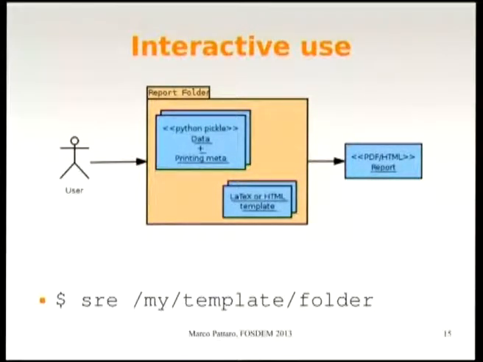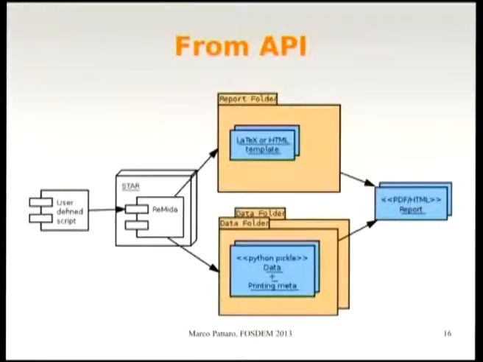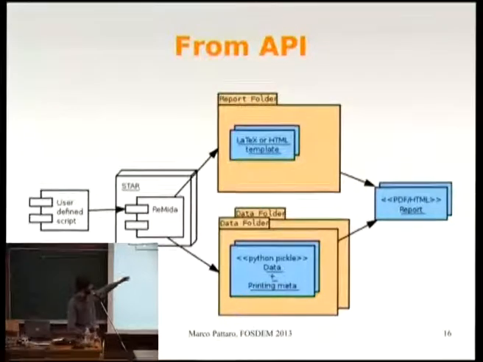So you save your star objects as Python pickles in a folder, and you can easily produce a report. Or if you want to produce multiple reports with different data sets, but always the same template, you can just access an API of this star reporting engine.